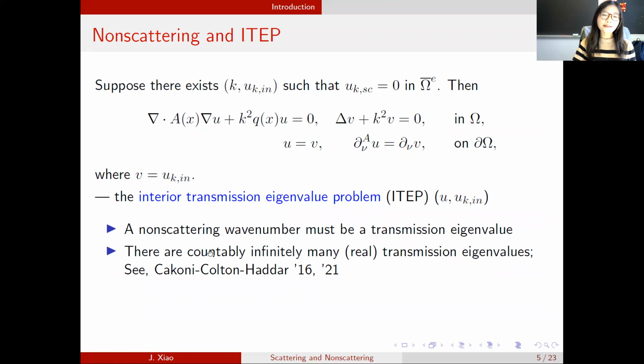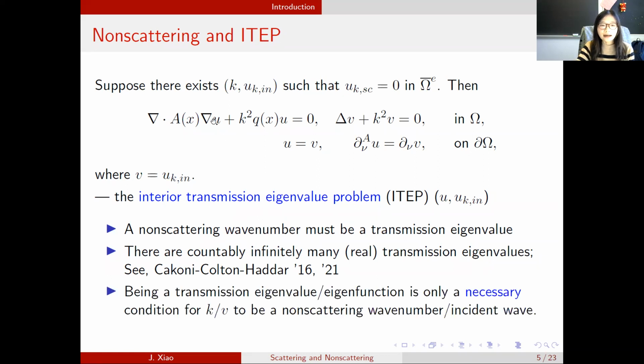With just mild non-degenerate conditions for the parameters of the inhomogeneity inside this omega, you can always prove that there are infinitely many real transmission eigenvalues. But do all of them actually make a non-scattering wave number? It's actually not necessarily true.